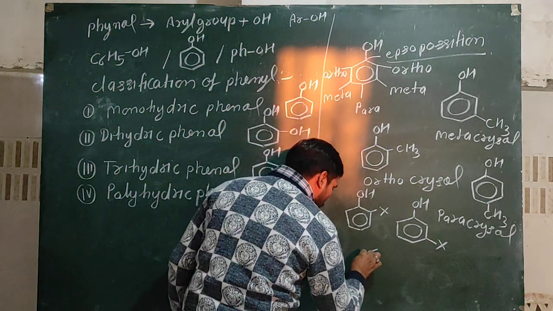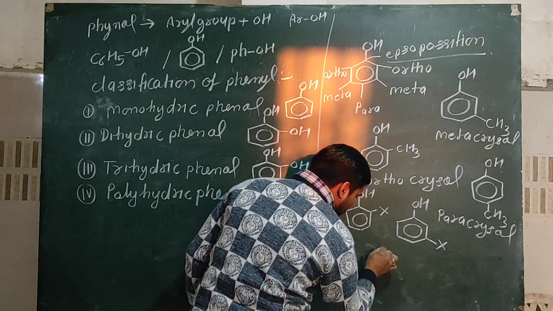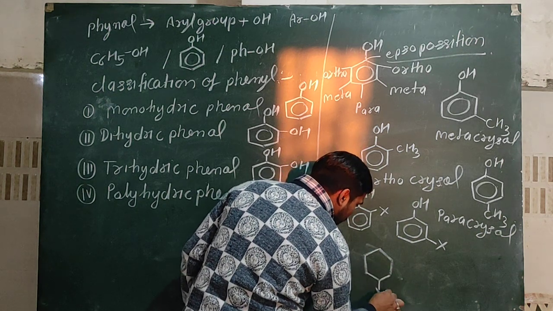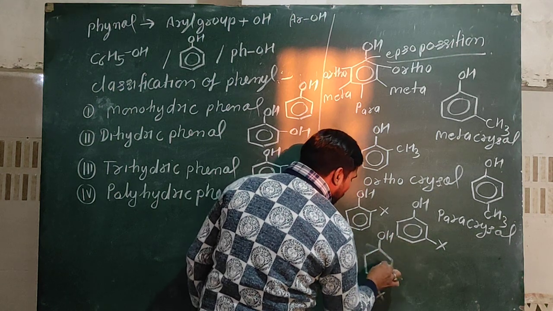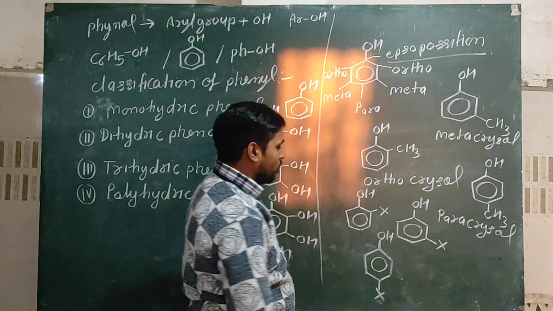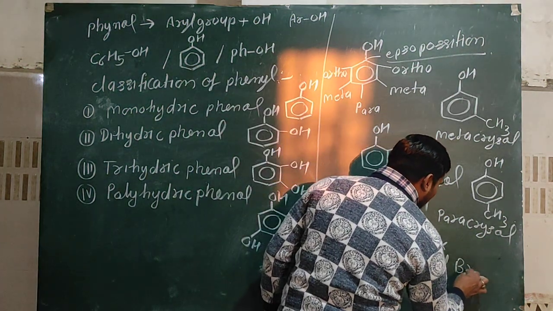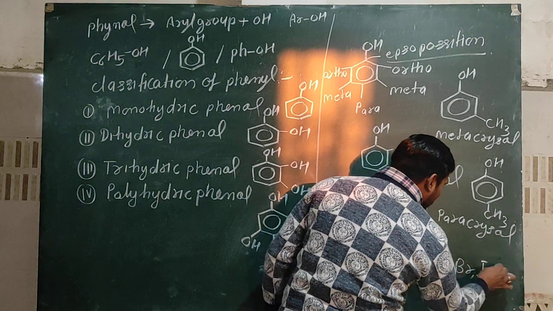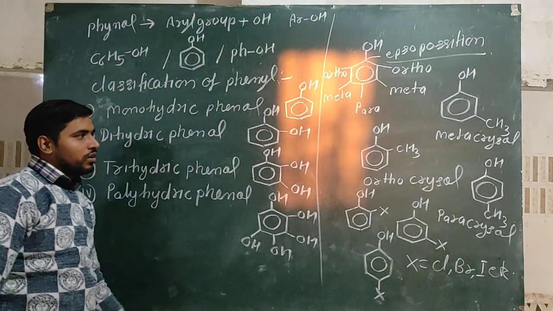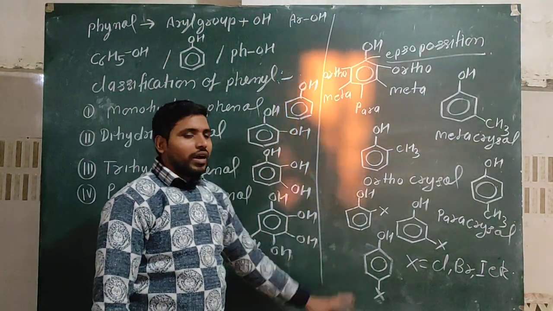And if this X is directly bonded with the para position, then it is known as parahalophenol, where X is equal to, you also know, chlorine, bromine or iodine, etc. On the basis of this, you can easily understand the types of monohydric phenols.